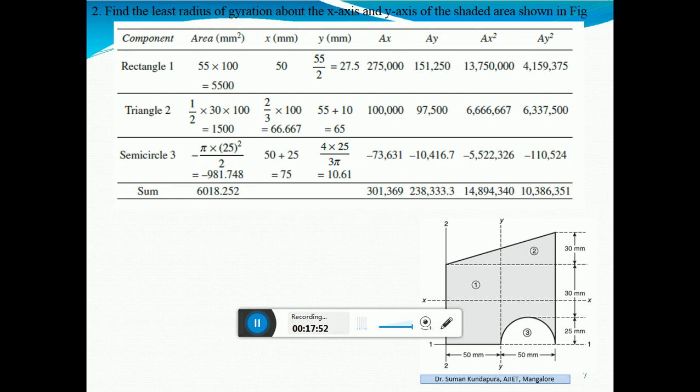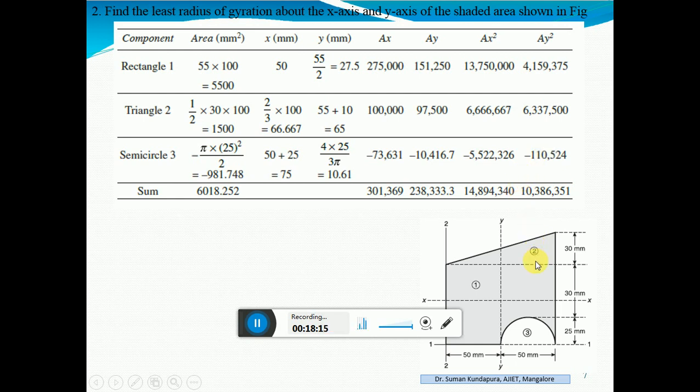Here our semicircle is a cutout portion. So you can assume the rectangle, the triangle, or any geometrical figures you can split into, and find out the Ix bar and Iy bar.